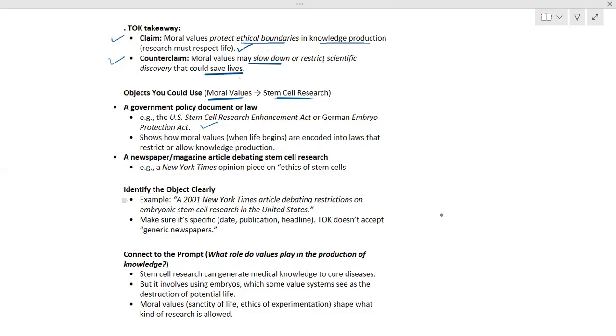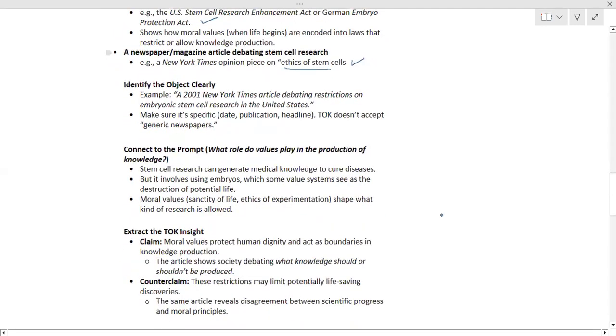Another object, which we could decide either this or this, is a newspaper or magazine article debating stem cell research. Example, a New York Times opinion piece on ethics of stem cells. So this could be our object. Now, we have to identify the object clearly.